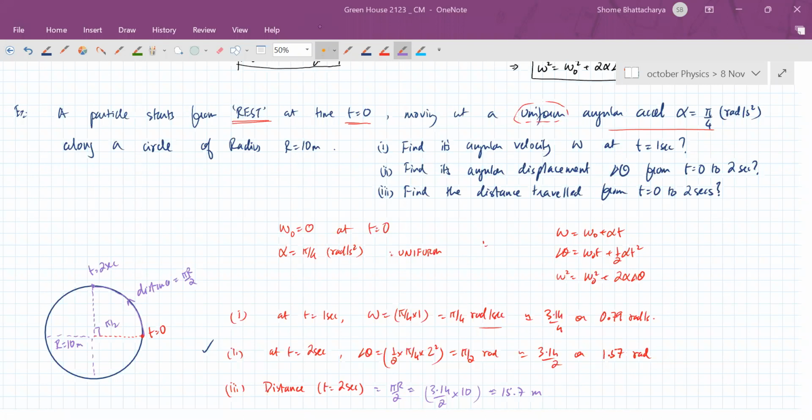This distance traveled will basically be 1/4 of a circumference.